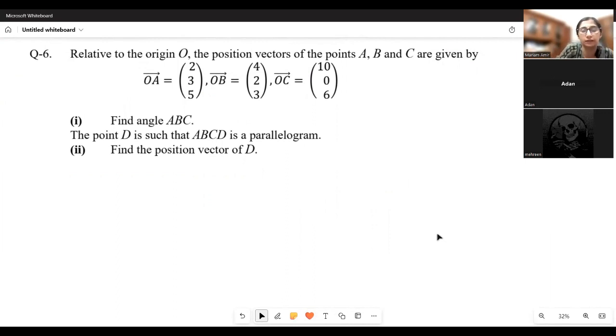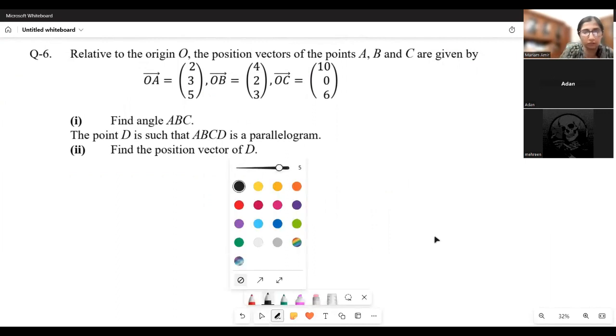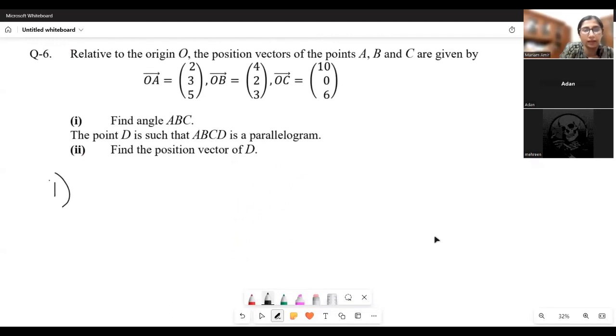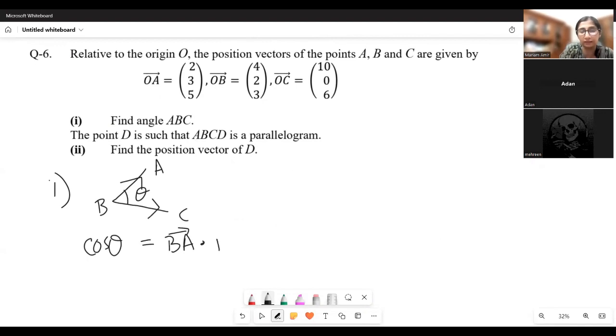Find angle ABC. So, angle ABC, it really helps to draw the figure. We need this angle. So the formula is going to be cos theta equals BA dot BC upon magnitude of BA, magnitude of BC.